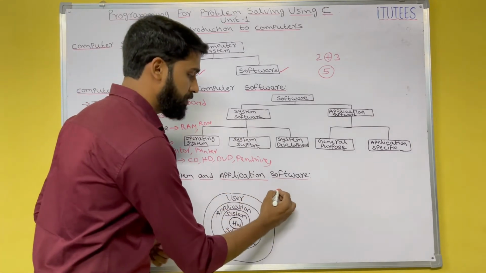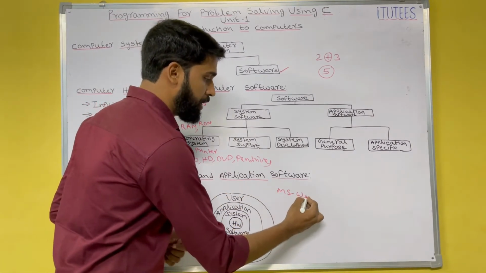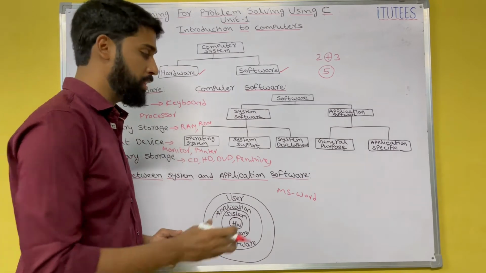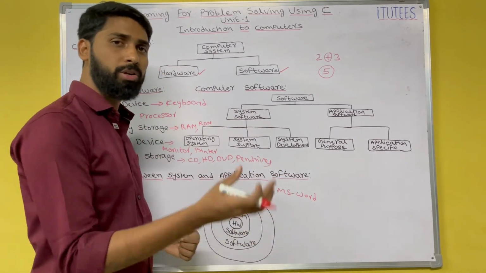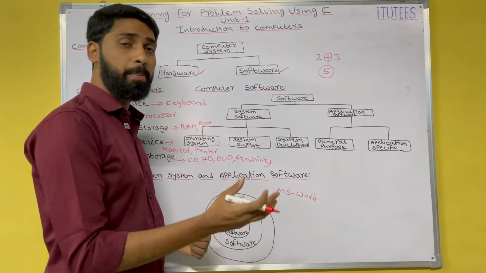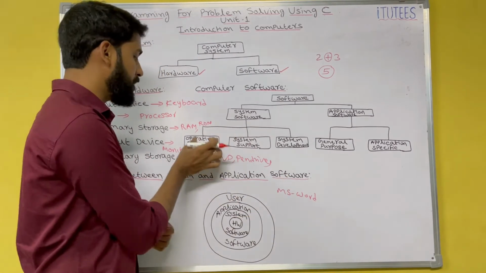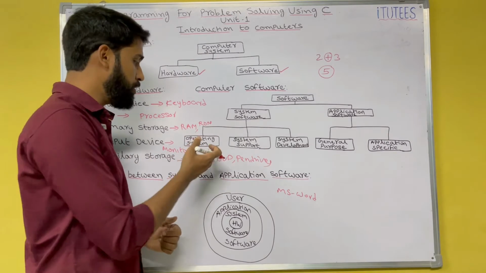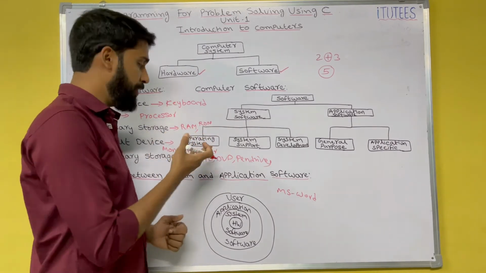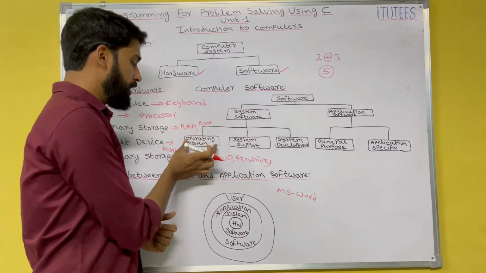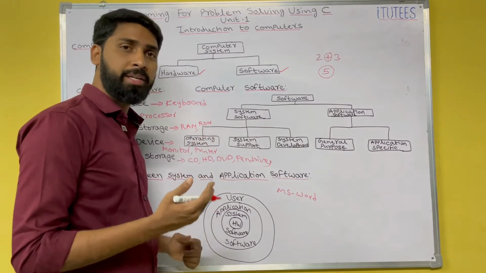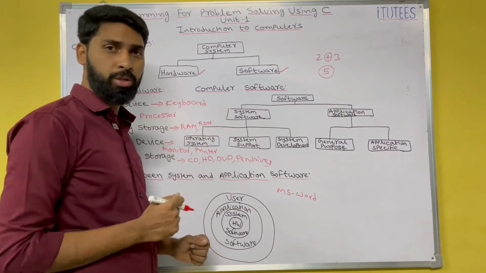How can I use this MS Word software? It is going to be installed in your system. Before installing MS Word, we need to install an operating system, for example the Windows operating system. That means the operating system provides the services to the user.